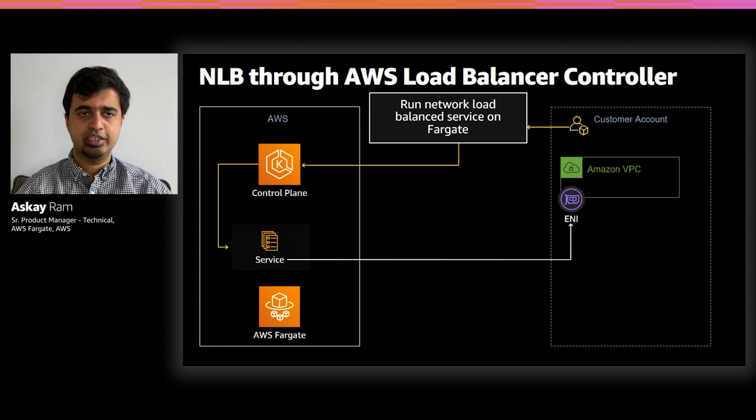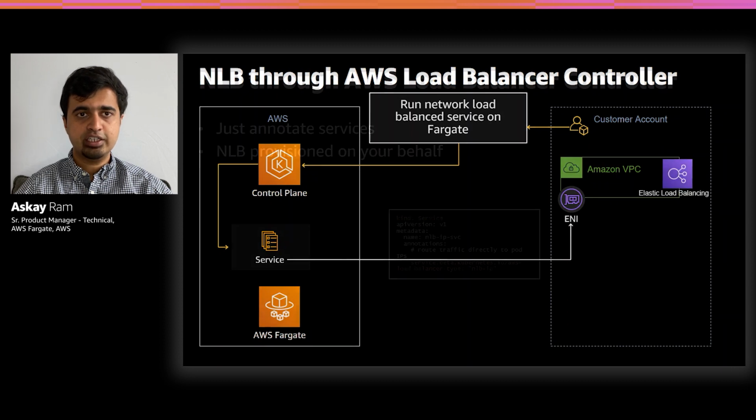And that's exactly what we did. We provisioned the network load balancer on your behalf. So the experience is super Kubernetes native, super friendly. It should be pretty easy to do. And this is possible by a feature we launched called the AWS Load Balancer Controller, which you apply to your Kubernetes clusters. And it works across EKS on EC2 as well as EKS on Fargate.